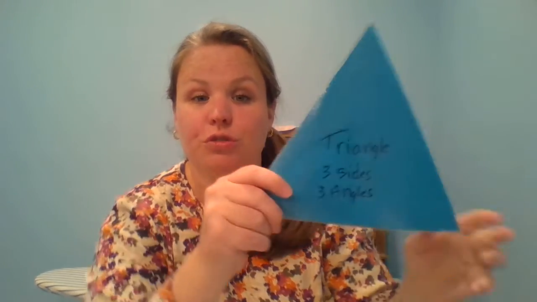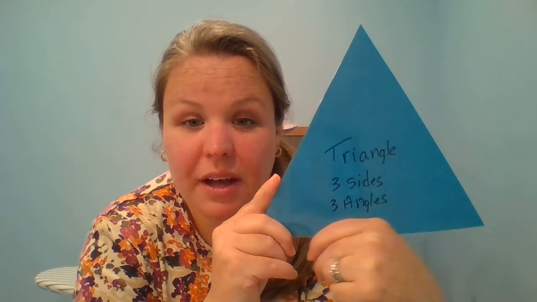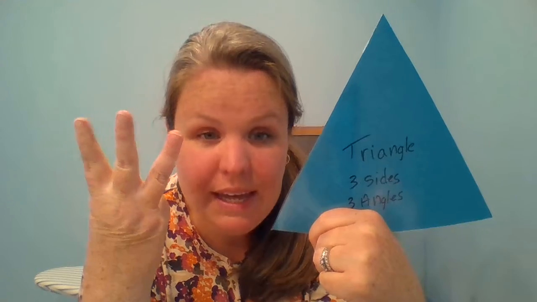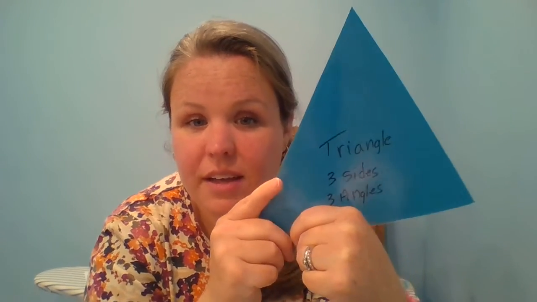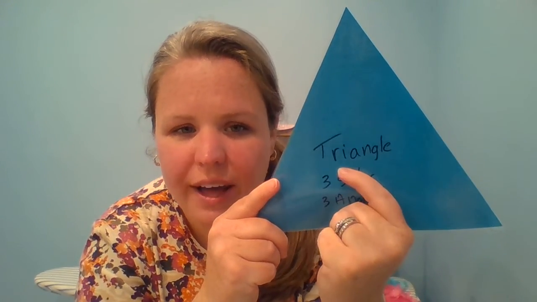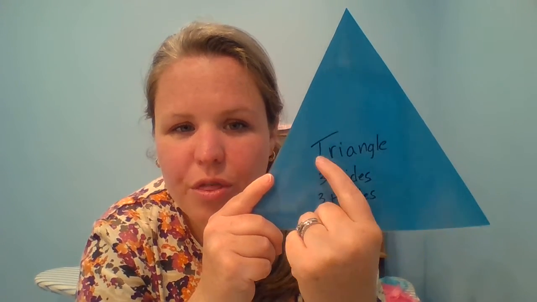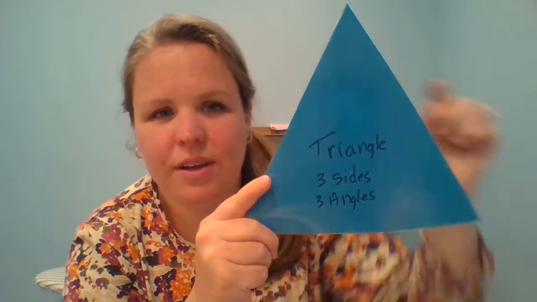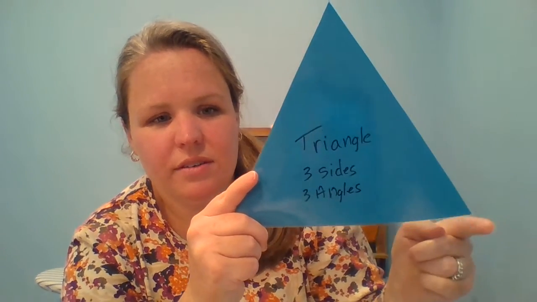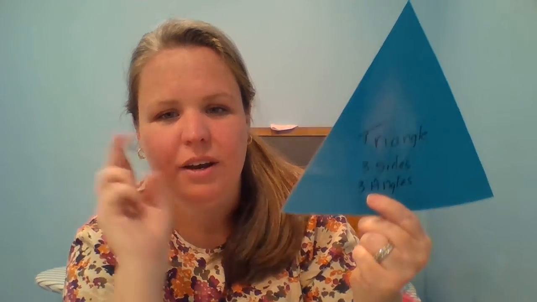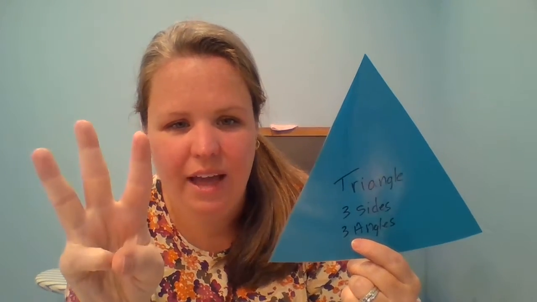But a triangle, remember in lesson 1 I told you that a triangle meant 3. Tri means 3. Listen to the word tri, which means 3, angle. Triangle, 3 angles. 1 point, 2nd point, 3rd point. Triangle, 3 angles, and has 3 sides also.